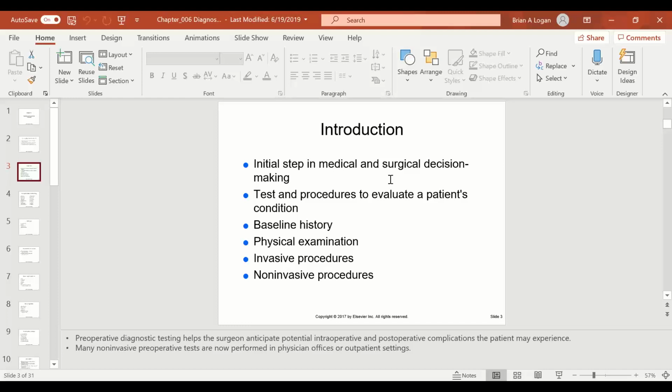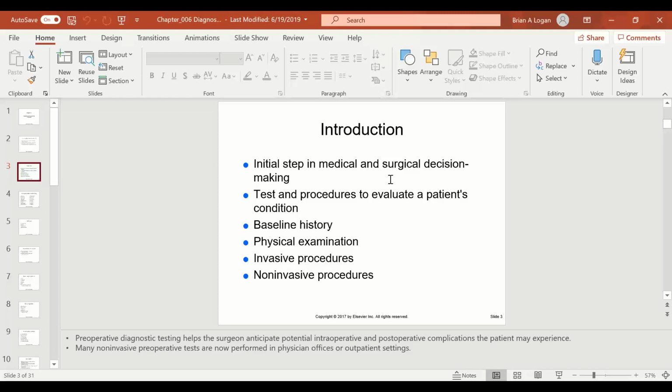Then we do a physical exam of the patient. We look them over. If they're talking about right lower quadrant pain, we're going to do a physical exam, actually putting hands on the patient, and the doctor is the one doing the exam, because they've been trained on what to look for. Then you can have invasive and non-invasive, like I was saying.